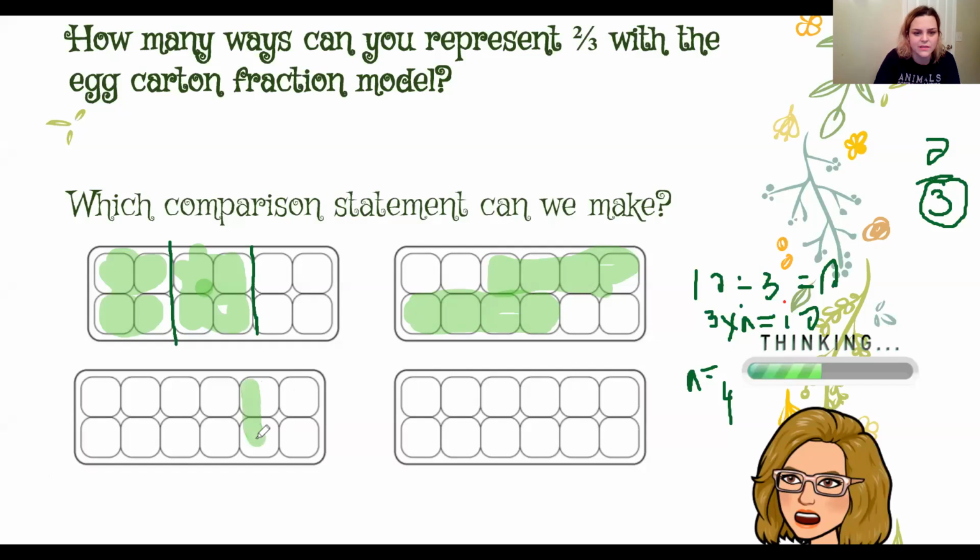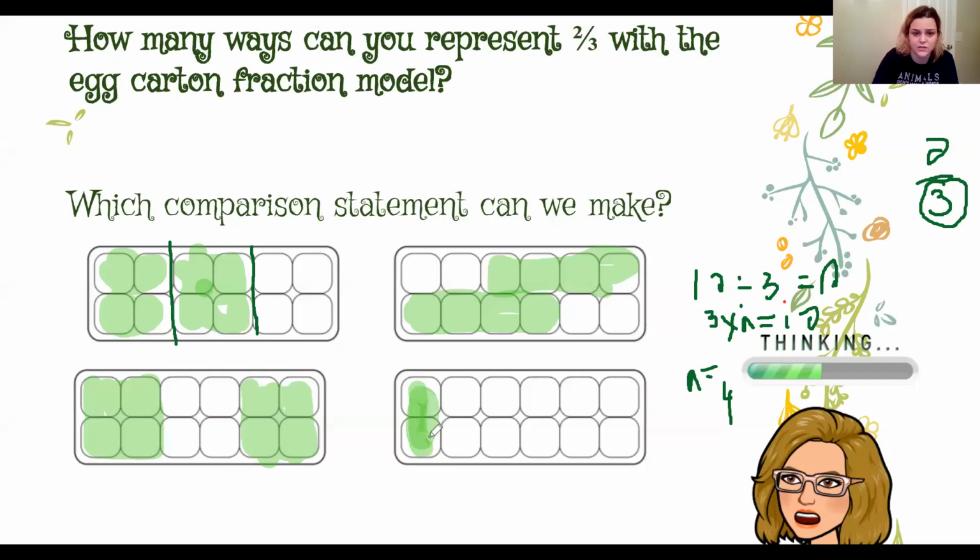Maybe I do it like this. I'm going to shade in 4 over here on this side, and then another 4 over here. This would still be 2/3 of my egg carton because I know 2/3 of my egg carton is the same as 8 eggs.